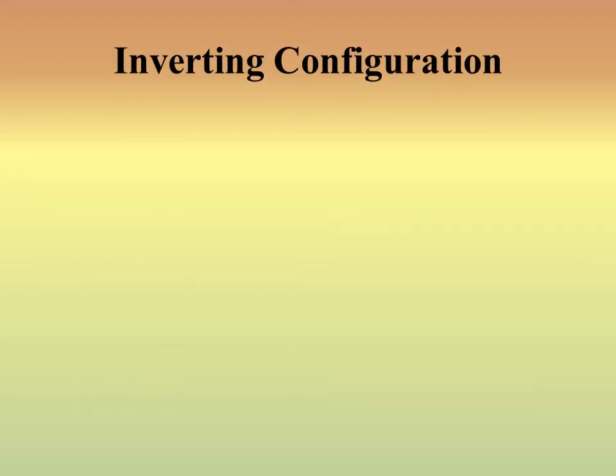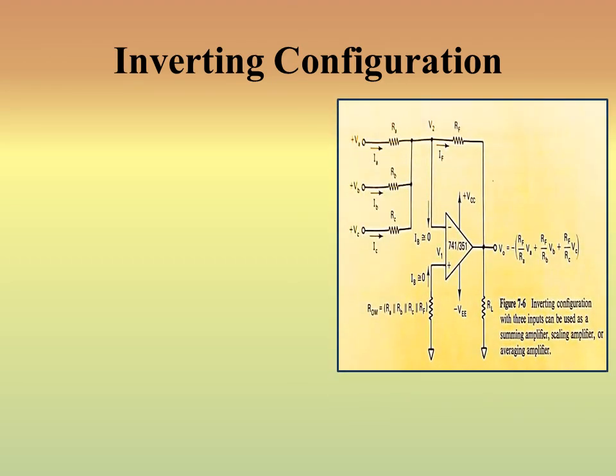In the next inverting configuration, we'll discuss the averaging amplifier. Again, we have drawn the same diagram. So what does the averaging amplifier mean? Averaging means how do we calculate average? If we have 3 inputs, we add all the 3 inputs and divide by 3.